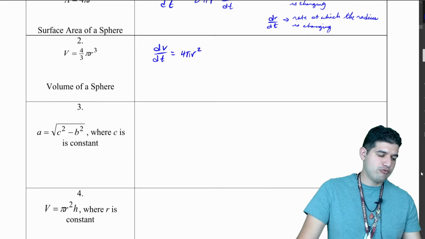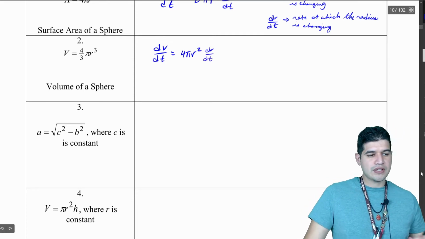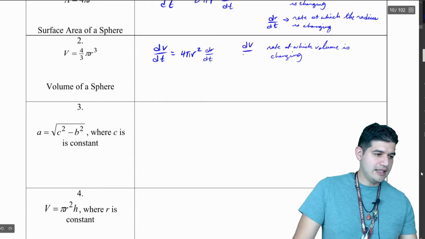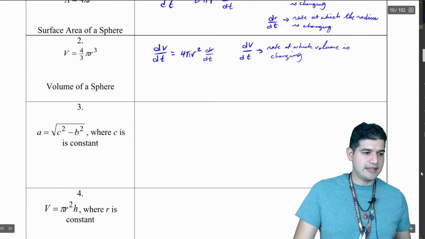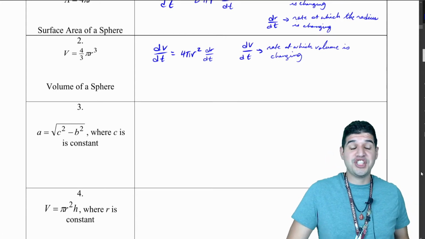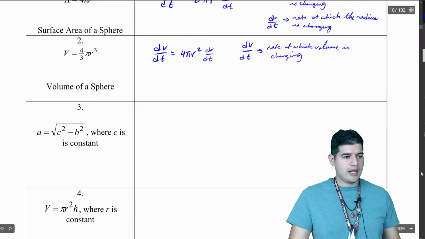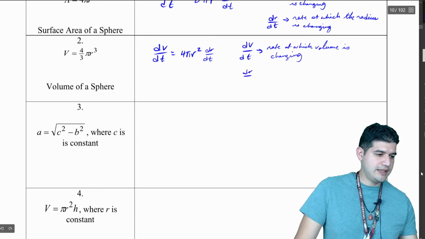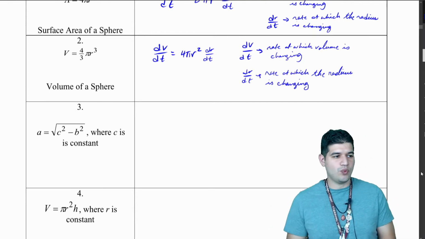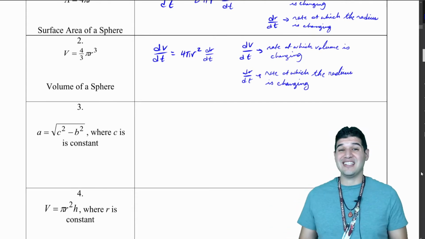Then drop that breadcrumb, dr dt, that chain rule. So what does dV dt stand for? That's the rate at which the volume is changing. And dr dt is exactly as it was before, the rate at which the radius is changing.